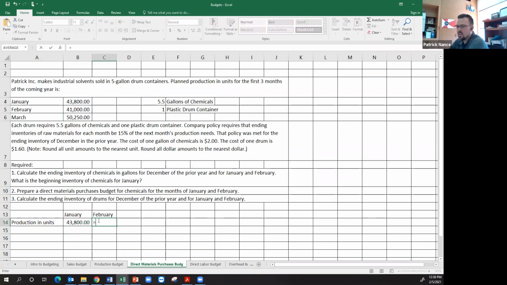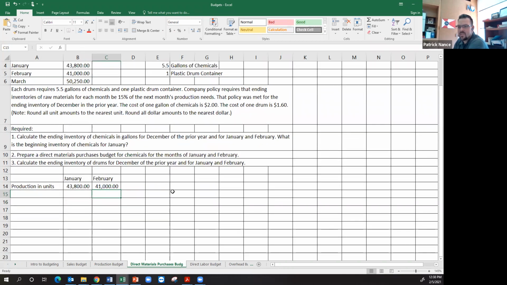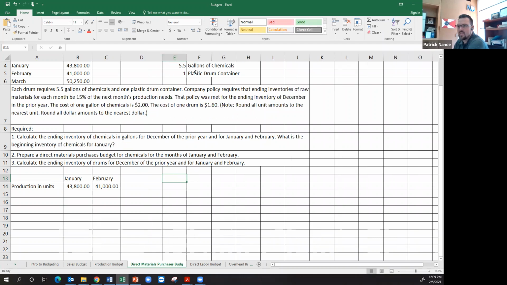February's production is 41,000. And now I'm going to need to do this twice. To make this visually easier to see, I need to do this for both the chemicals as well as the plastic drum. So I'm basically going to make the same thing here, at least the top of it, so that I have one for the drum as well.